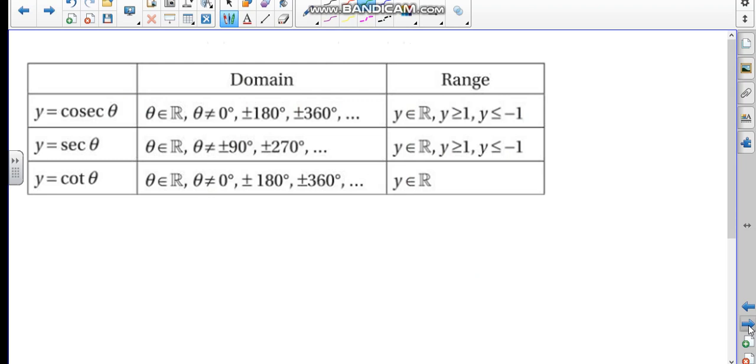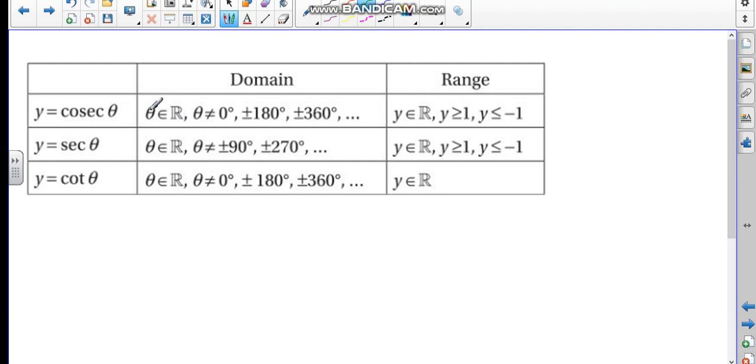So first of all, let's think about domain and range. If you remember, in lesson last week, we talked about domain being your input values and range being your output values. So for the cosec graph, what this is saying is we can put any value of theta in, where R is for real numbers.